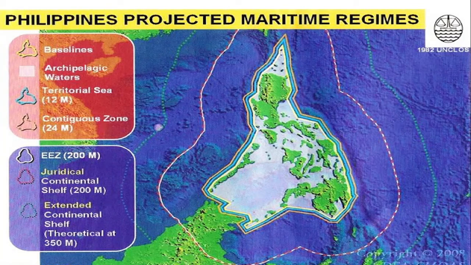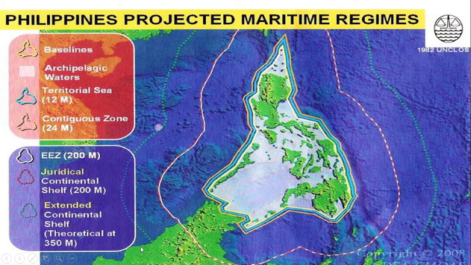So to unite the group of islands here, the 7,100 islands, what we are going to do is to draw an imaginary baseline. And the baseline here is the yellow line. So what they did is that they tried to draw it on the outermost islands of the country.